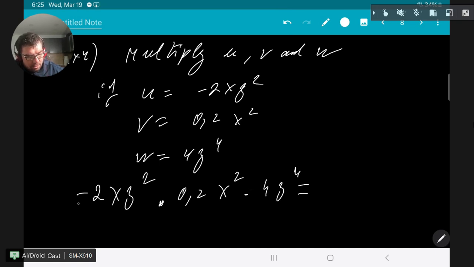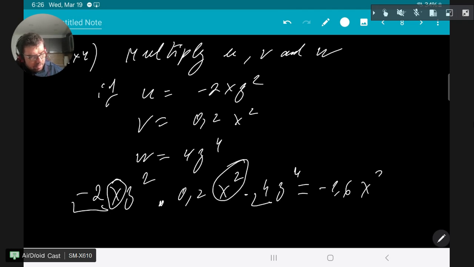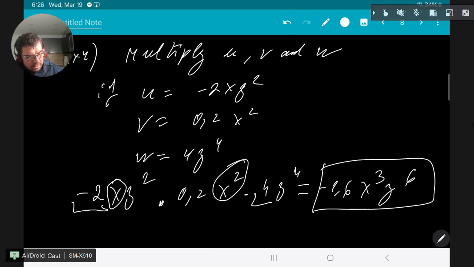So I multiply the constants, I get minus 2 times 4, this is minus 8, times 0.2 will be what, minus 1.6. Multiply the variables, x times x squared, this is x to the power of 3, y to the power of 2 times y to the power of 4 is going to be y to the power of 6, and that's the answer, okay?